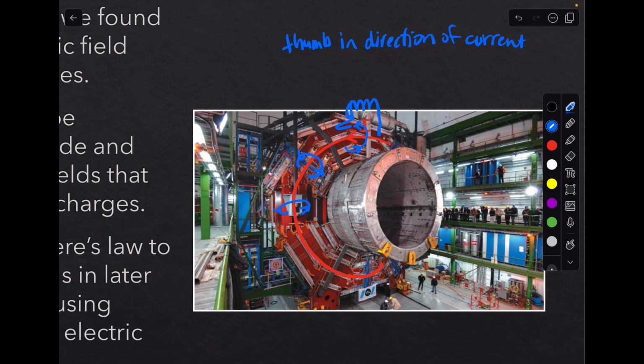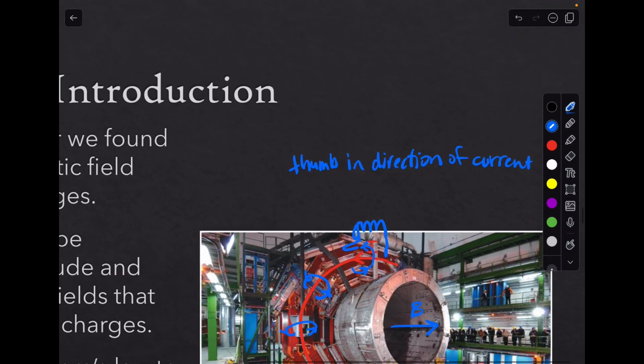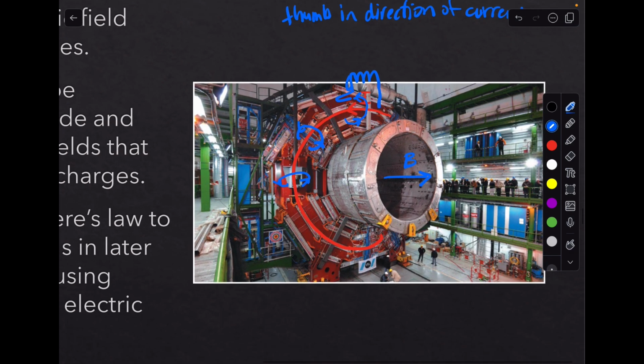And so what happens is they all add up to a B field in the very center coming out at you. And if you turn the current around the other direction, well, that would just be the B field pointing down the tube this way. And so what we've done is by now curling the current wire, we're creating a straight magnetic field, right? If you go back a few slides, remember we had a straight current carrying wire, and we saw that the magnetic field did loops around it, right?